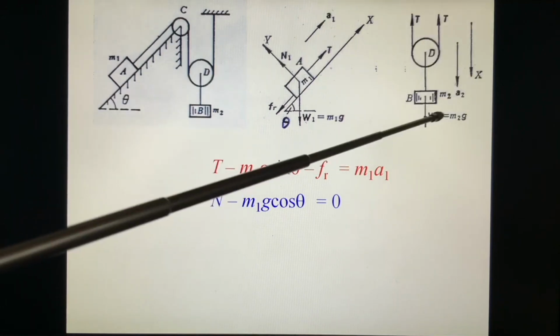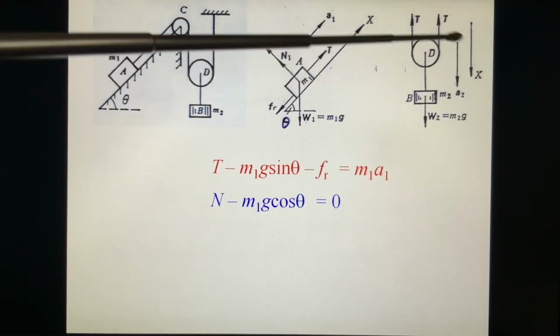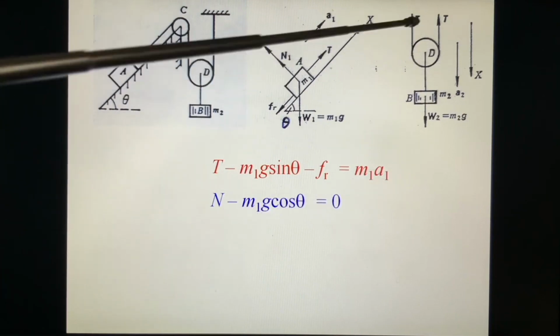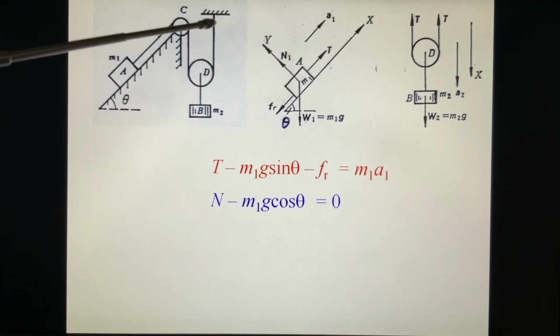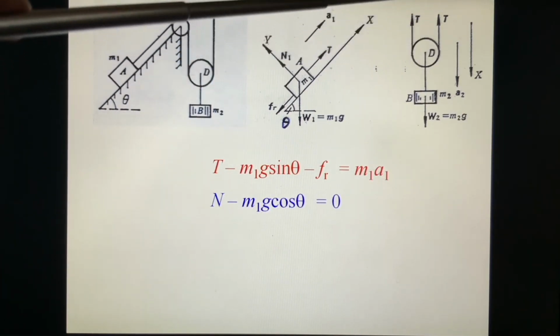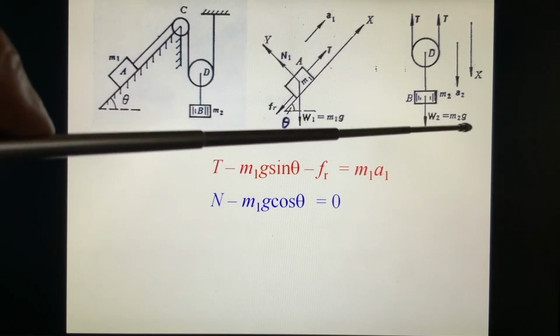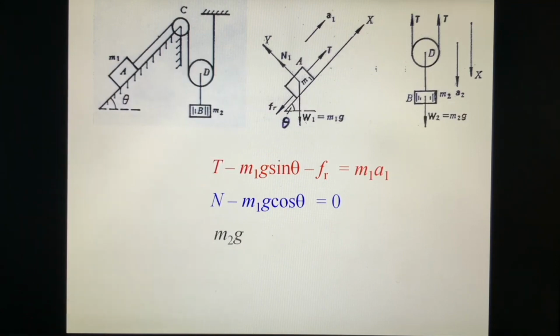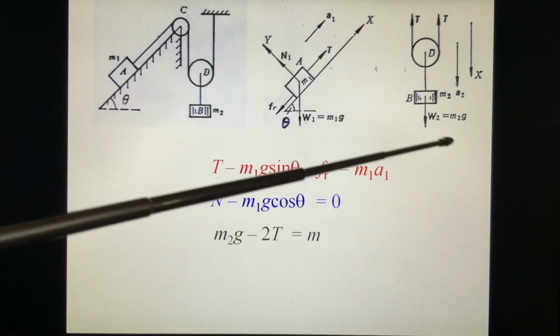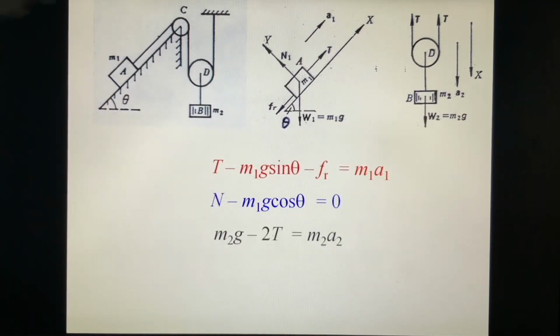Look at block B. When A goes up, B goes down. So this is a T, this is a T, so this is 2T. M2g minus 2T equal to M2A2.